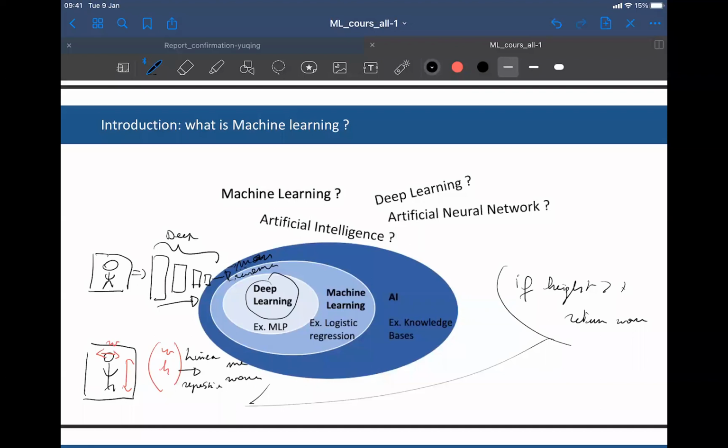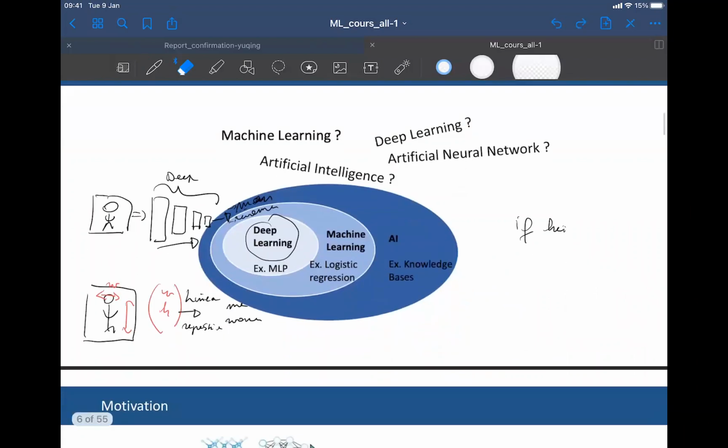So it has not been learned from anything. I just give it because I think I know how it works. It's somehow intelligent, but it has not really learned on data. So it's not really part of machine learning, but it's still an intelligent thing. So is this a bit more clear or not? Yes, yes, thank you. It's much clearer. Okay.